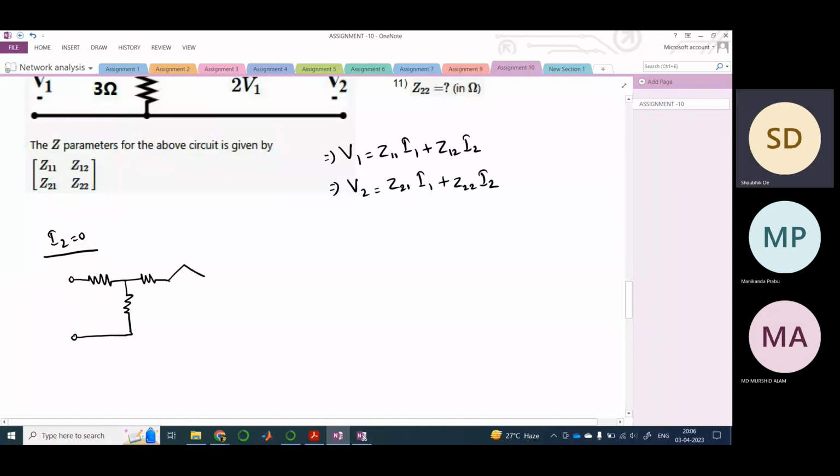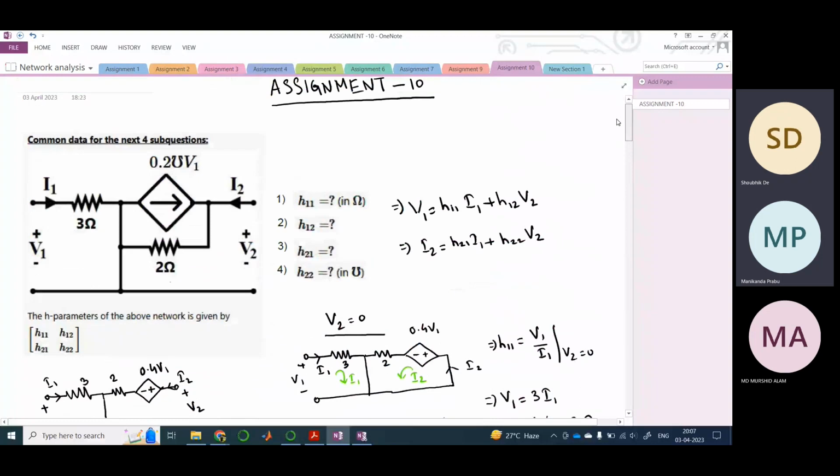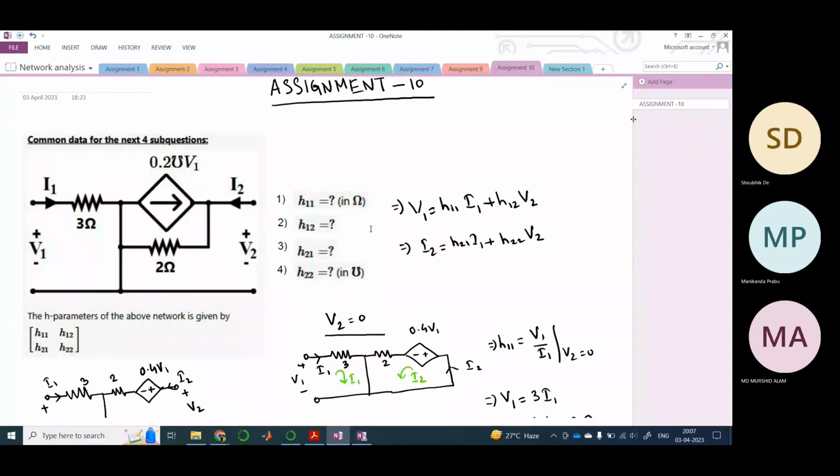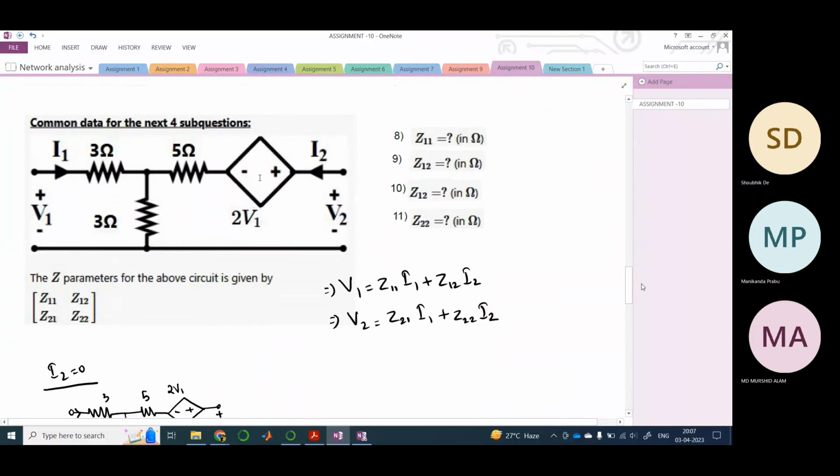See, Manikananda, this problem is similar to the first problem. If you carefully see, this is the source transform circuit of the previous problem. This is 3, this is 3. Can you tell me how this is similar to the first problem? I am talking about this part especially.